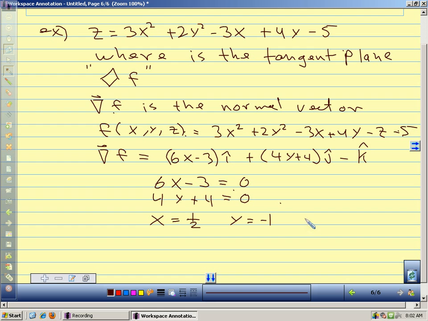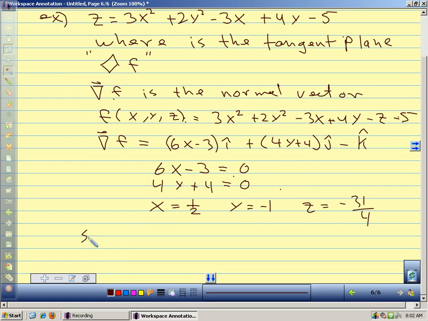This gives me z equals -31/4. So at our point (1/2, -1, -31/4), our tangent plane is horizontal.